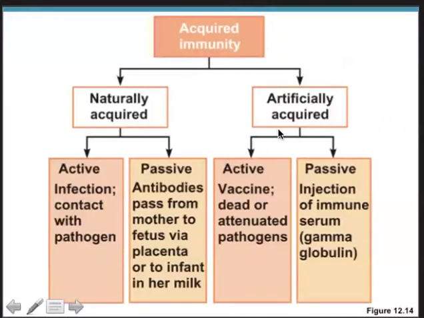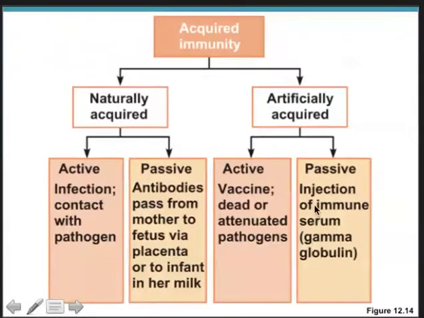Artificially acquired active immunity results from being vaccinated using dead or attenuated pathogens, or these days, quite honestly, simply fragments of the pathogen that have antigenicity.